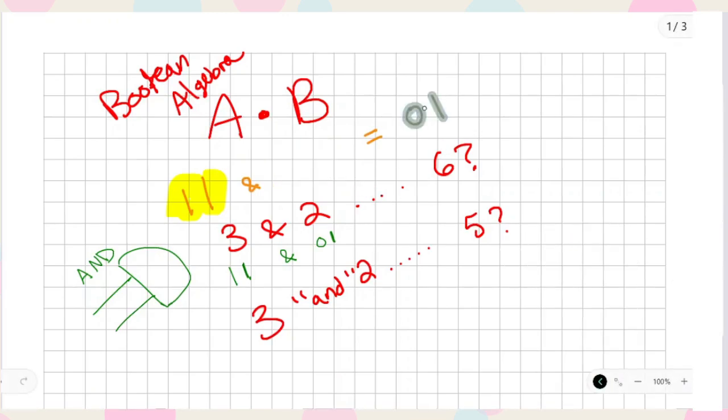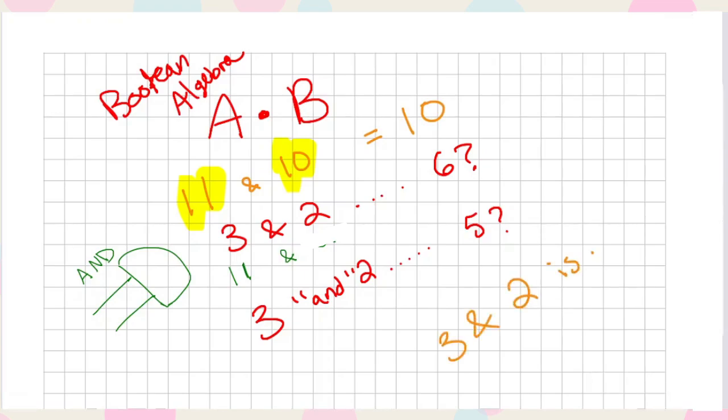Excuse me. 2, for all of you who caught that, good job. 2 is actually in this direction. So if I ANDed the lowest order bits, 1 AND 0 is 0, and 1 AND 1 is 1. Okay, so 3 AND 2 is 2. Wow, that's weird, but yes, 3 AND 2 in this context is 2.